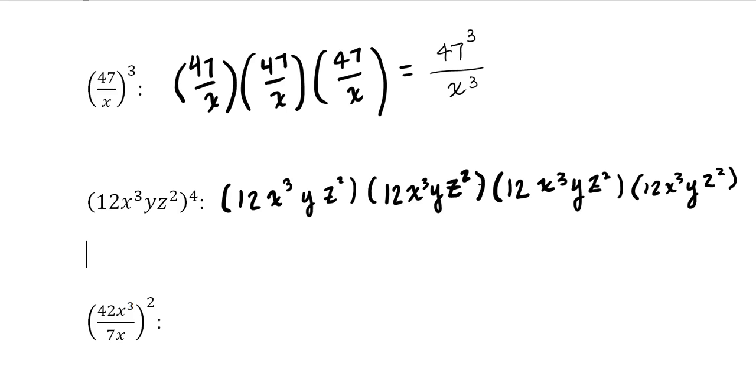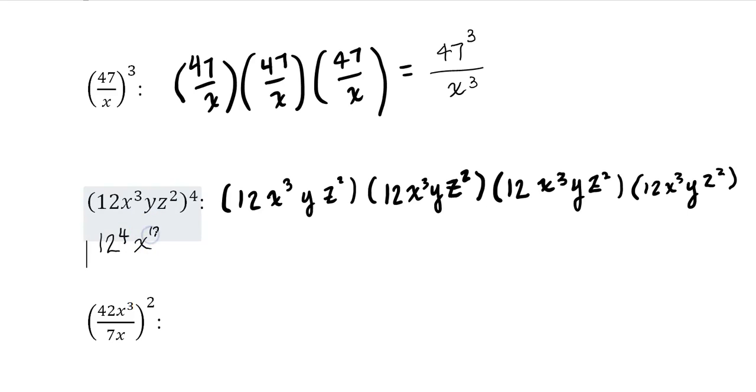And this next one is very similar. Here I have exponents happening inside the parentheses, and then I'm raising it to the power of 4 everywhere. So here I'm going to have 1, 2, 3, 4 12s. So I'm going to have 12 to the 4th. And I'm going to have 3, 6, 9, 12 x's.